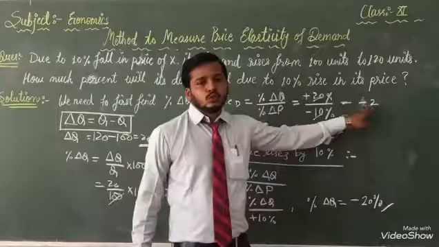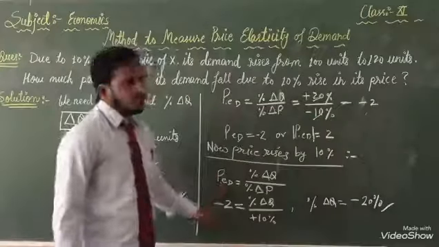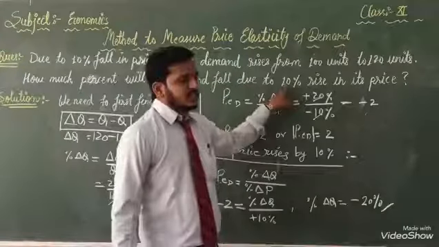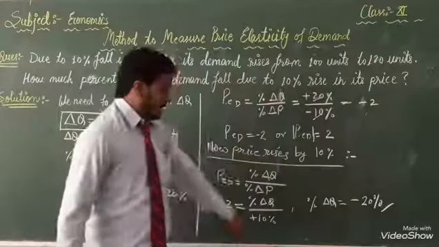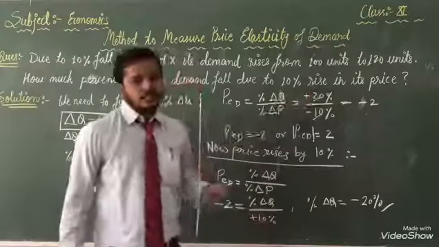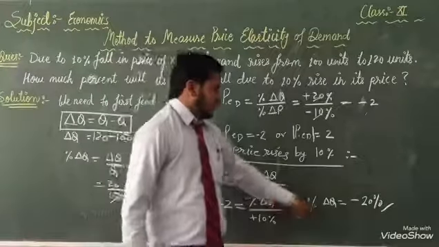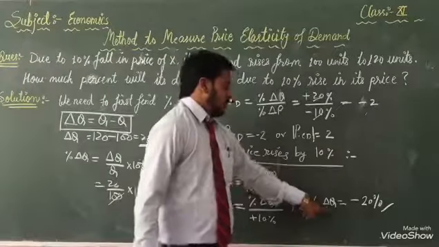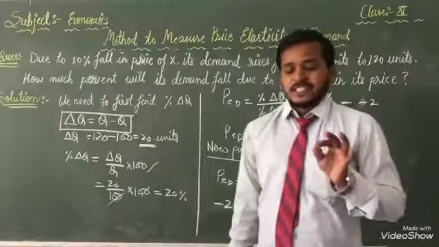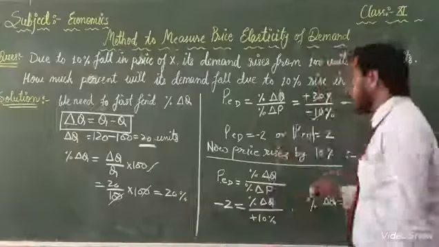We have got 2 and the same value we have to put here and we will solve it. Demand falls due to a 10% rise, and 10 we have written plus, because rises means positive. With the help of that we have got percentage change in quantity demand equal to minus 20%, which shows the quantity demand of the goods falls.